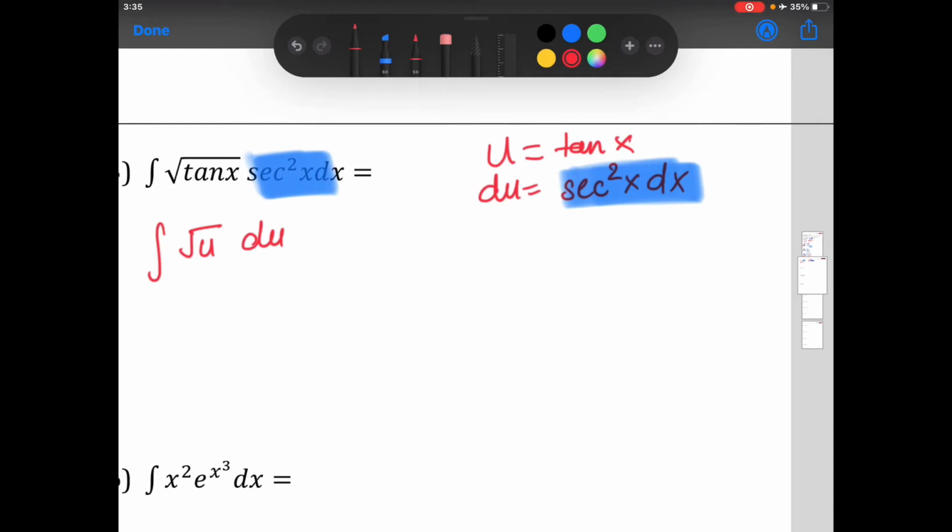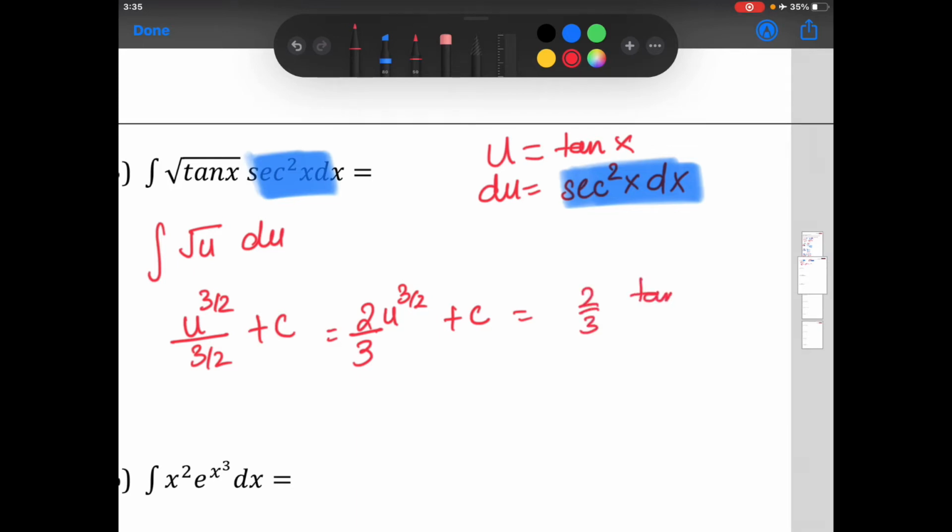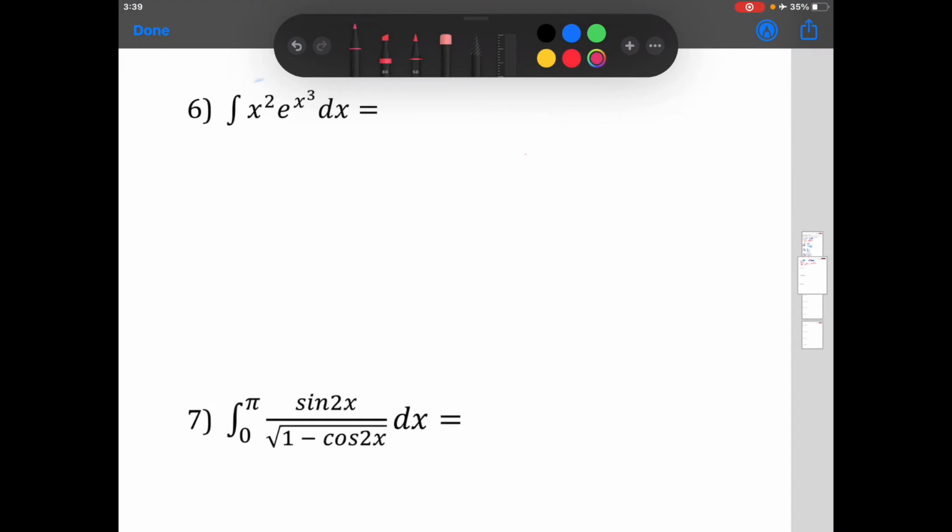So 1/2 plus 1 is 3 halves over 3 halves plus c. Dividing by 3 halves is the same thing as multiplying by 2/3, plus c. Substitute back your u. Your u is tangent x, so it's 2/3 tangent x to the 3/2 power plus c.